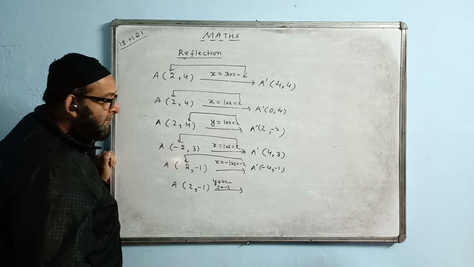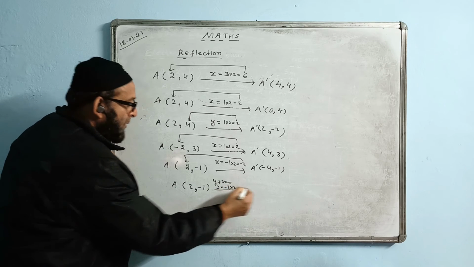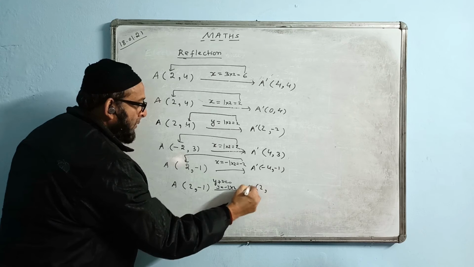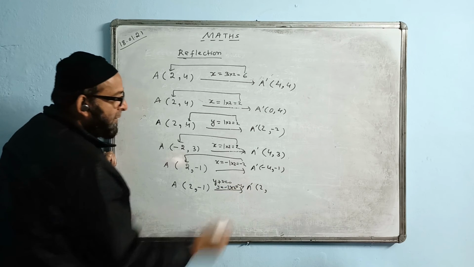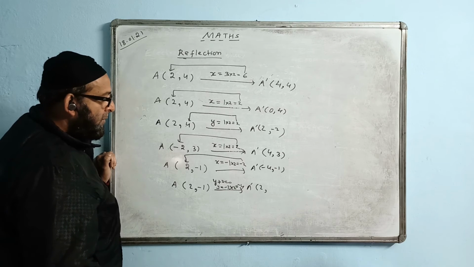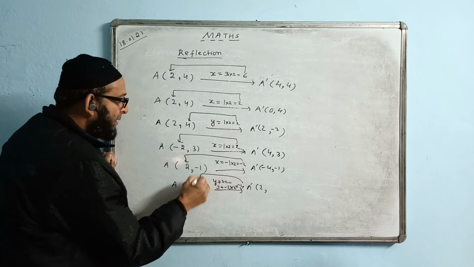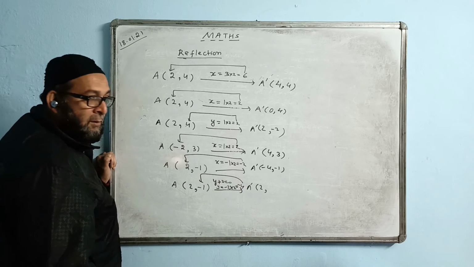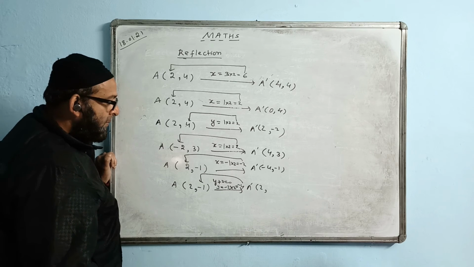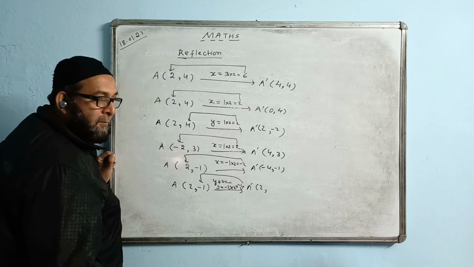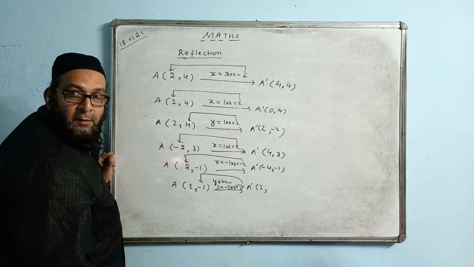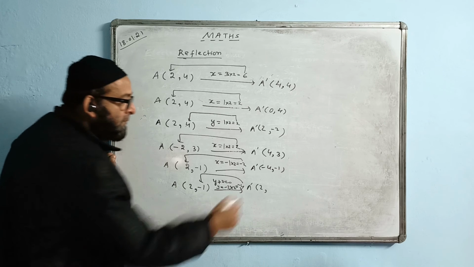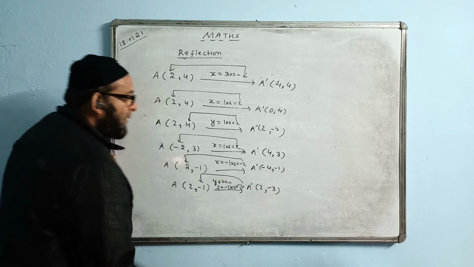Yes? -2 into -2 will become what? -4 here, isn't it? -4 minus this, -1. -4 minus -1, that is +1. -4 plus 1, what is the answer? -3.